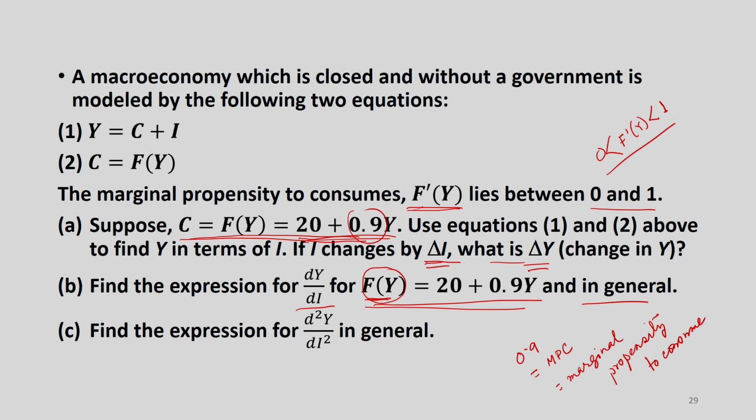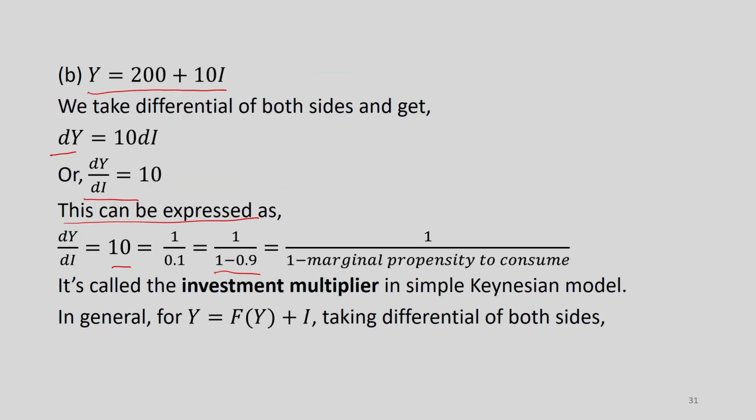Okay. So, that is what we have written here, that 1 minus 0.9 is equal to 1 minus the marginal propensity to consume. So, dy di is 1 divided by 1 minus marginal propensity to consume.